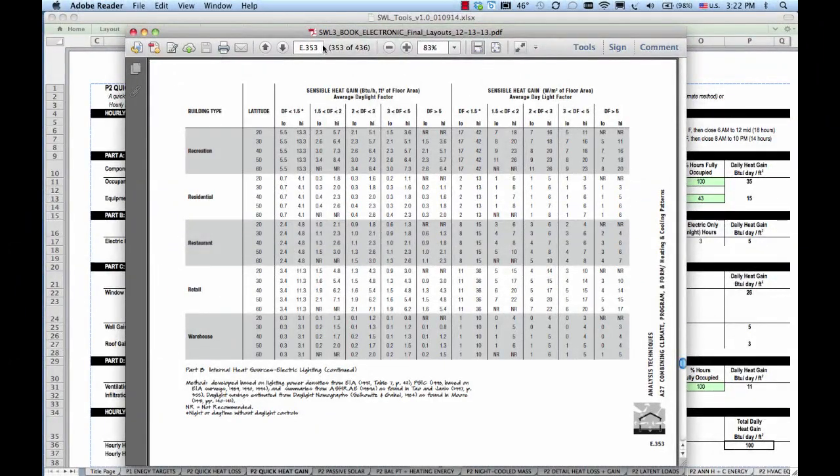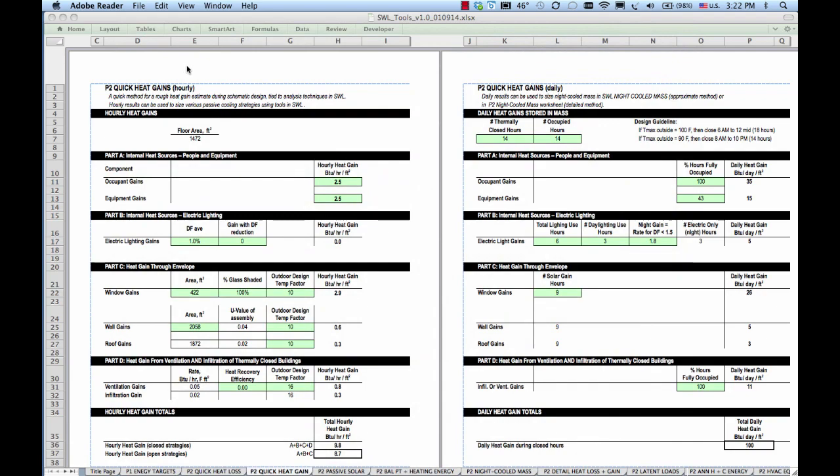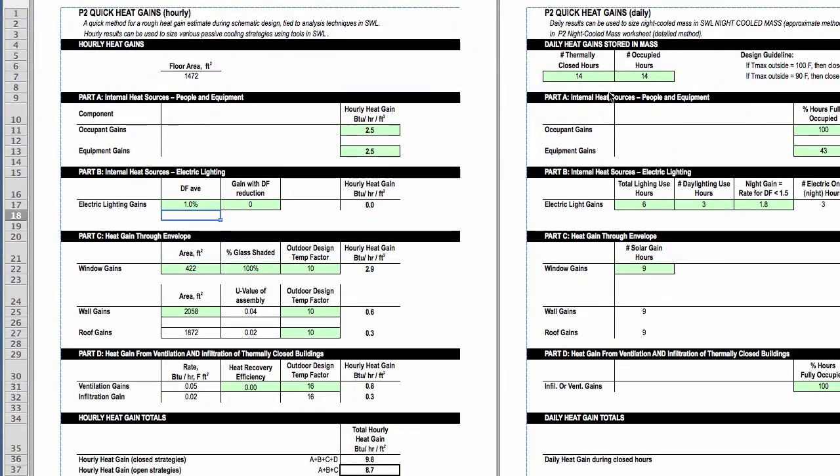Let's enter these values on the spreadsheet. So now we're back on the P2 Quick Heat Gain worksheet, and I'll put in my 2.5% daylight factor, and then we determined that the rate of heat gain using electric lights and daylighting at the same time would be about 1.